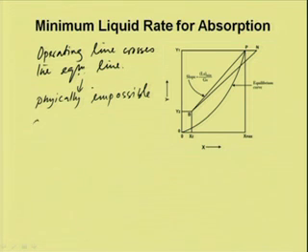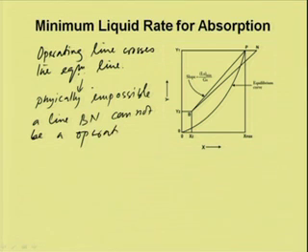So, a line like this cannot be an operating line. It will not be the theoretical minimum liquid rate if it crosses the equilibrium line. So, this is not physically possible.